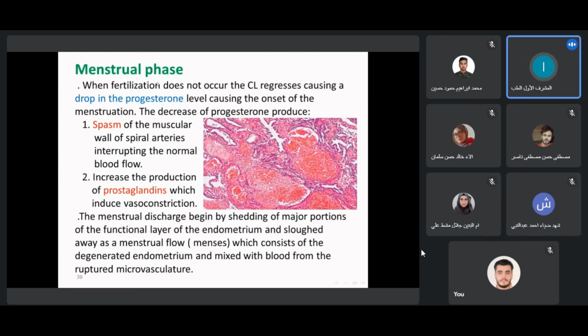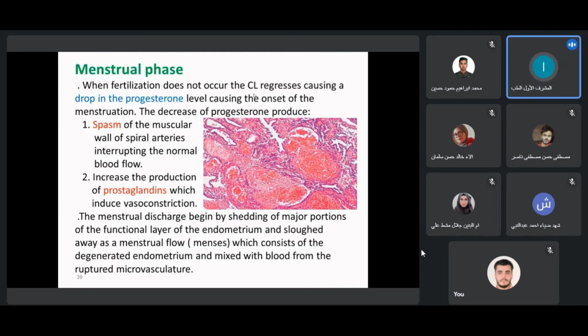Menstruation is the process of shedding or breakdown. This process occurs because there will be not much production of LH hormone from the pituitary.